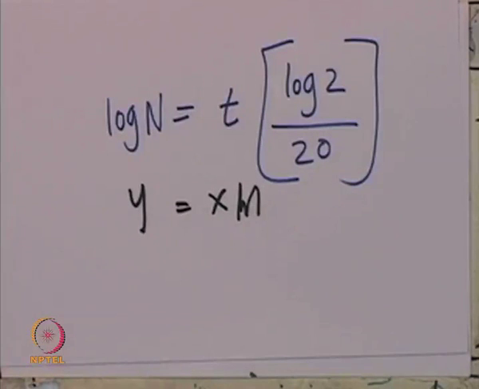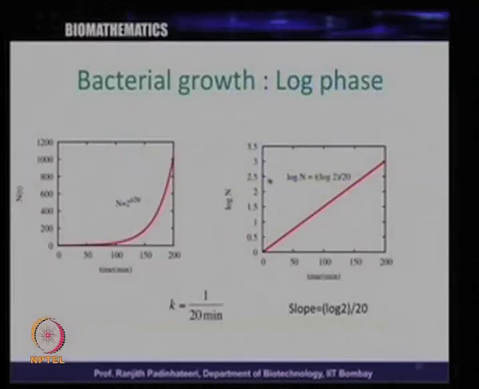So, let us see this plot. Look at the plot on the left hand side, which is n equal to 2 power t by 20, and on the right hand side you have log n versus time, and you get a straight line. The straight line is passing through 0, because there is no constant in y equals mx, a straight line passing through 0.